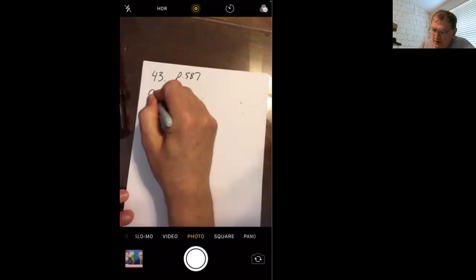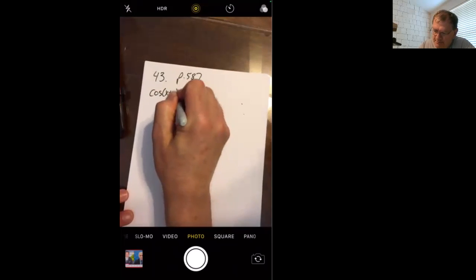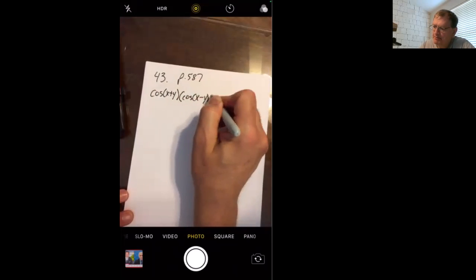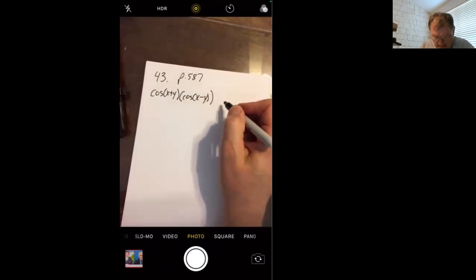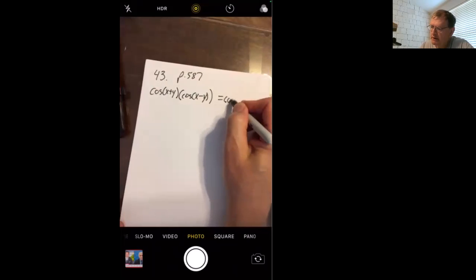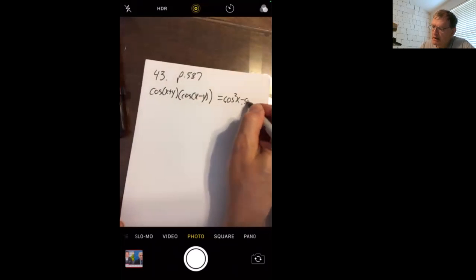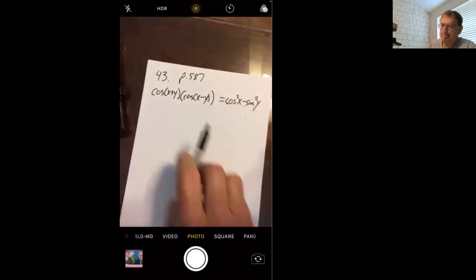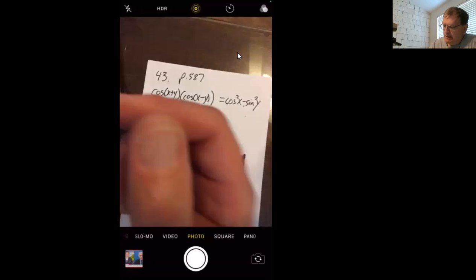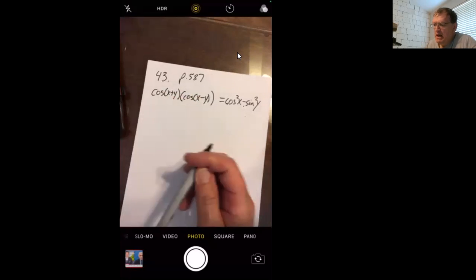This is a product of cosine of x plus y, cosine of x minus y. And on the other side, you get a difference of squares, cosine squared x minus sine squared y. Okay, let's see.